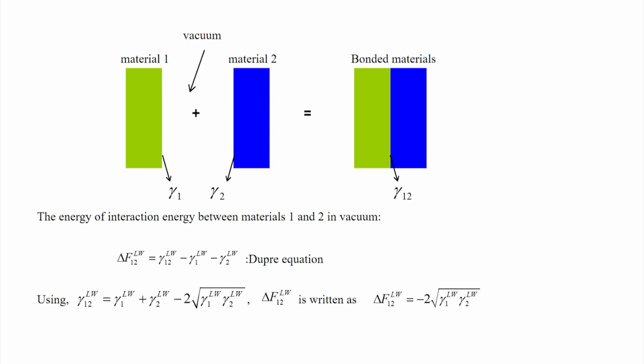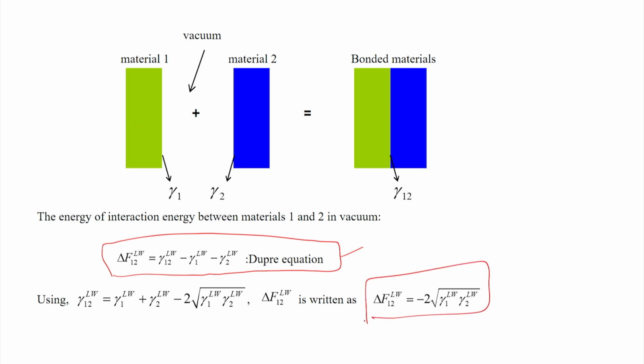Now, this equation which we have derived here, delta F12 LW, that is the final interfacial energy minus initial energies, is done in vacuum. So, 1 and 2 are interacting with the vacuum over here, that means air, let us say. This is called the Dupré equation, and we have just derived this.